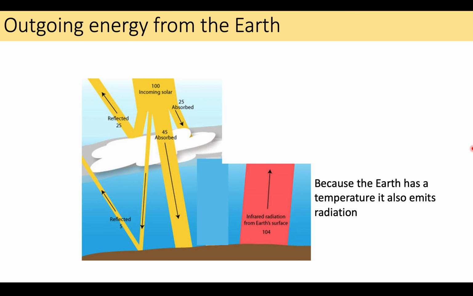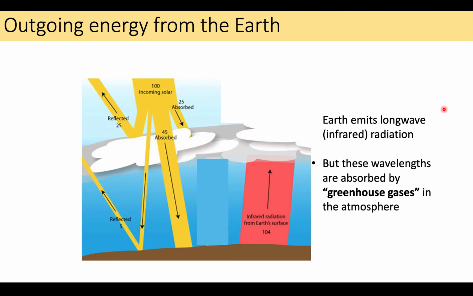We are not only absorbing incoming energy from the sun, we are also radiating heat back out to space. The heat that is radiated back from Earth's surface is in the infrared, a longer wavelength than the incoming shortwave energy.